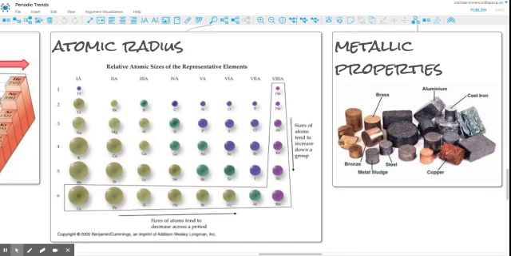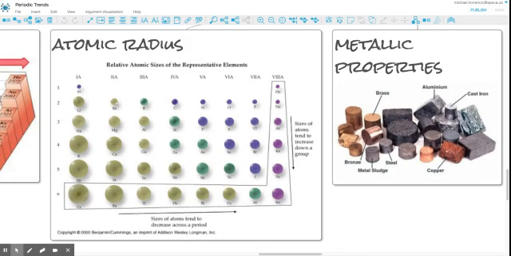And it's that increased distance that really diminishes the attraction that they feel for the nucleus. And so the atoms get bigger. And we see that going down a group. There's a very, very steady increase in the atomic radius.